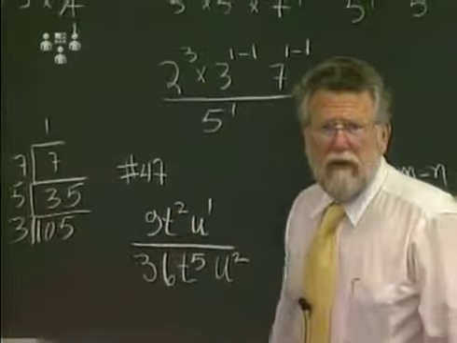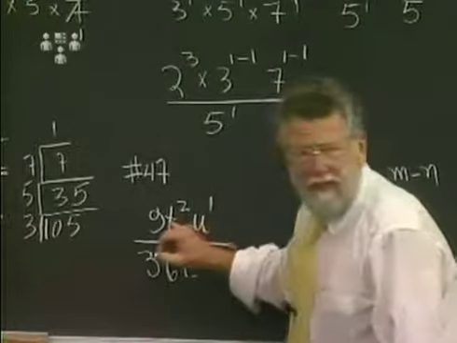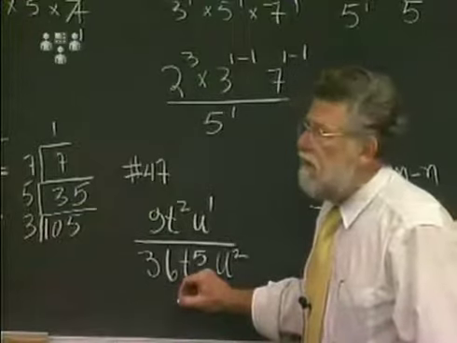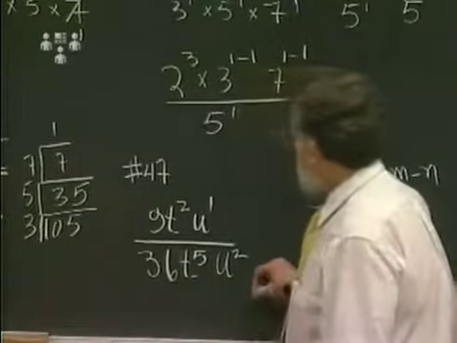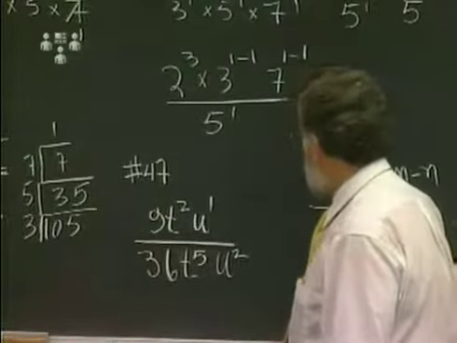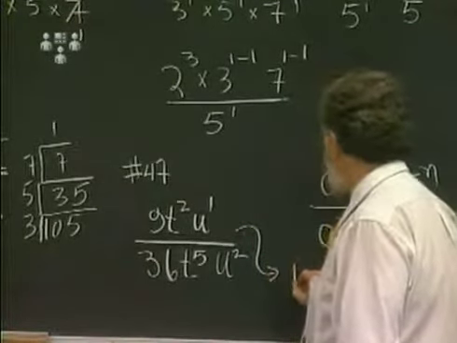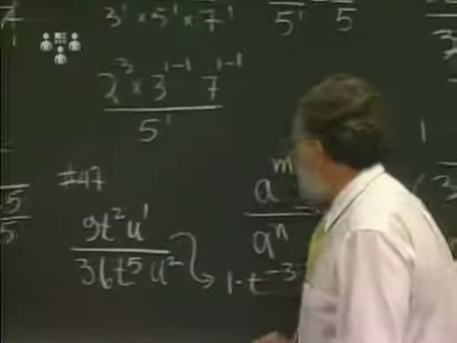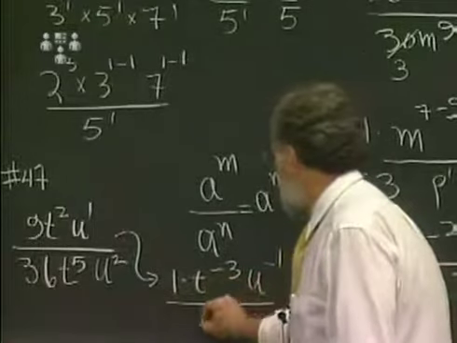She was right. Then Erica said, if I have t to the 2nd over t to the 5th, I could just subtract the exponents and get t to the minus 3. So I could rewrite this as 1, t to the minus 3, u to the minus 1, over 4.